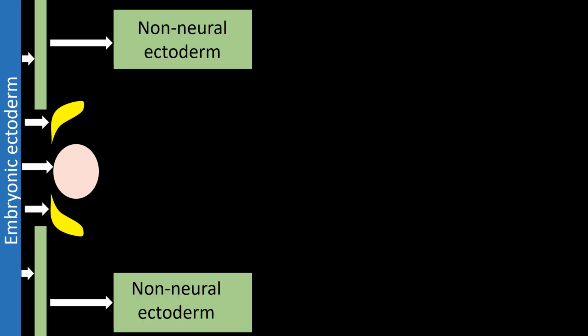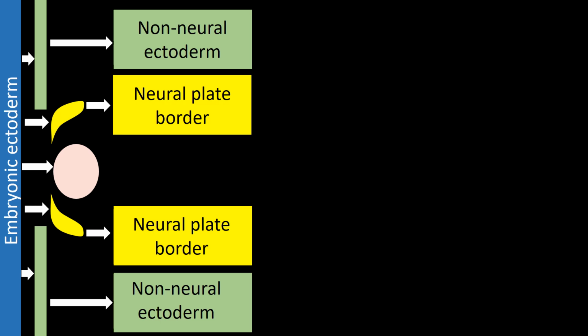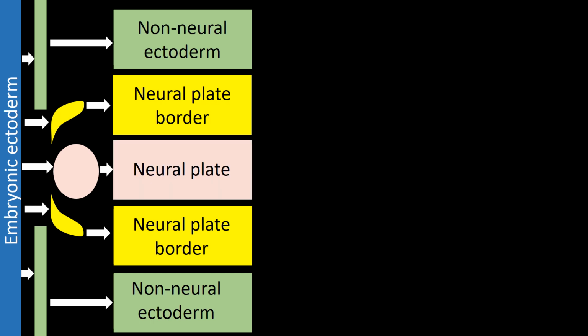In this representation, we have the embryonic ectoderm producing 5 distinct masses, identified by their color. The light green corresponding to the non-neural ectoderm, the yellow masses corresponding to the neural plate border zone, and the cream color mass corresponding to the neural plate.